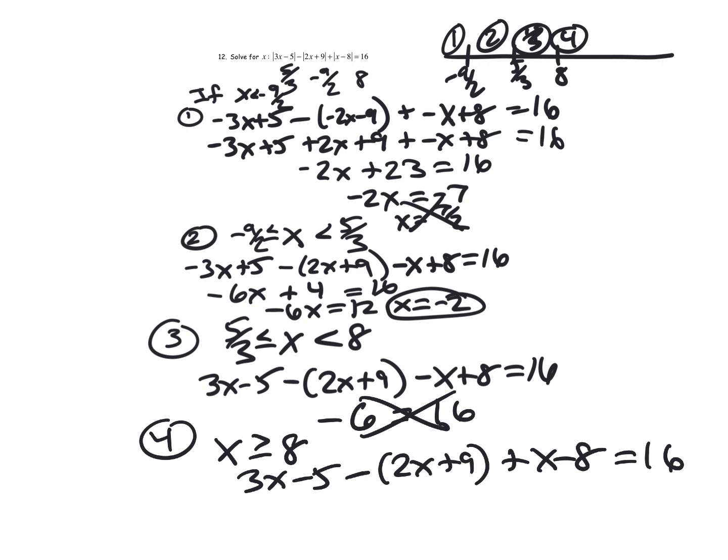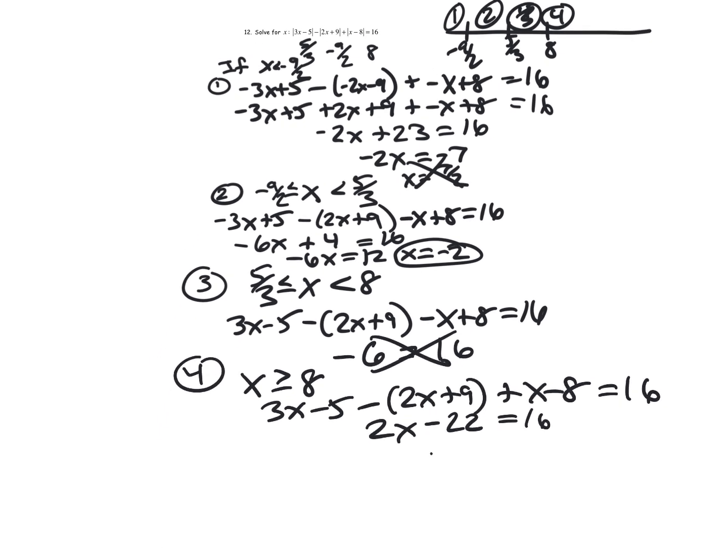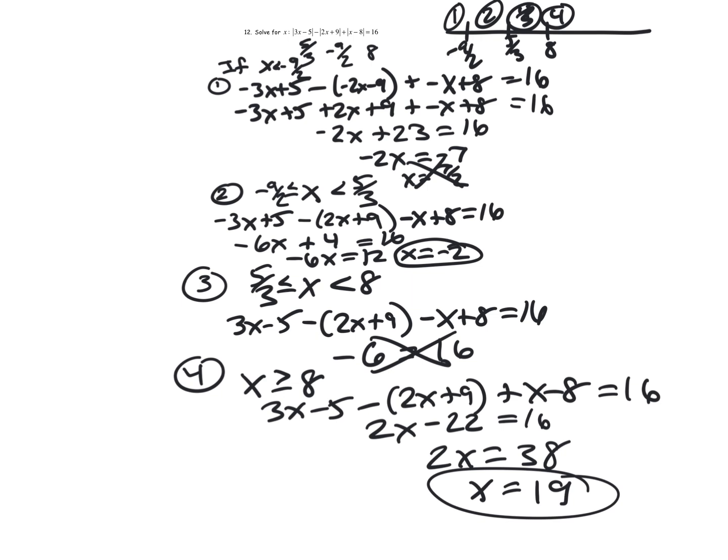We ended up with 2x minus 14 minus 8, so minus 22 equals 16, or in other words, 2x equals 38, or x is 19, which indeed is within the restriction. So there were 2 solutions from here. The 2 solutions were negative 2 and 19. Okay, so that was the second type of problem.